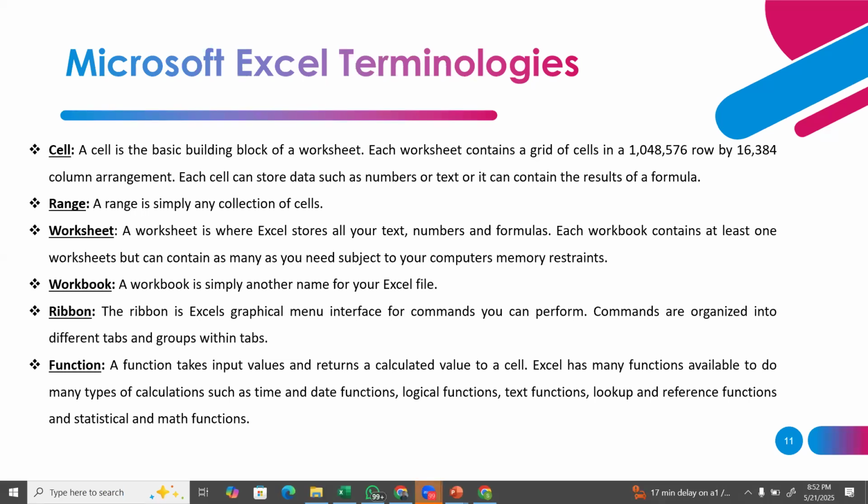The very first terminology that I have here is a cell. What is a cell? I think I've explained a cell to you before. A cell is the intersection of rows and columns, and we have over 1 million rows and over 16,000 columns. How do we check that?